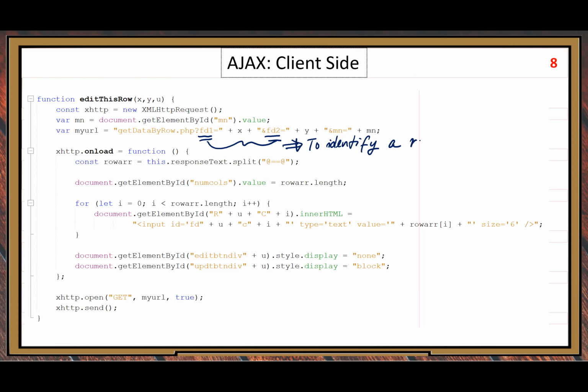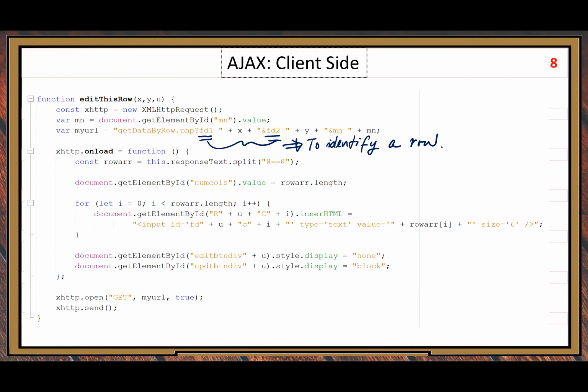a row. Think about how to identify a row. We have 5 tables. How do you tell the program you select one particular row? How do you pass that information?